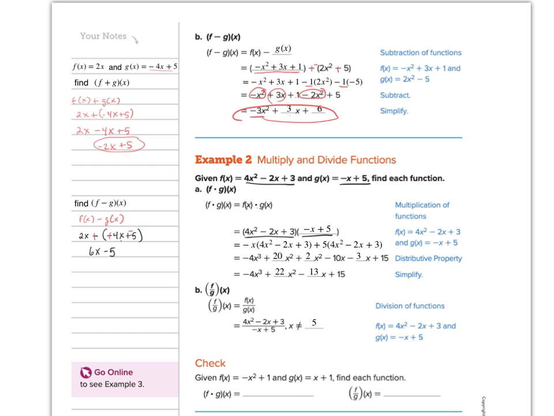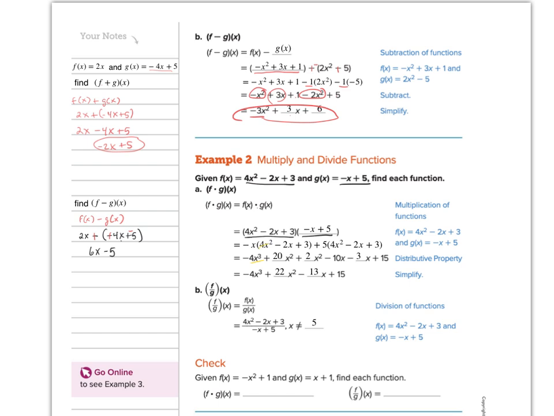So they multiplied negative x times all of this, then they multiplied positive 5 times all of this, and now when they do the distributive property, they had negative x to the third, negative x times negative 2x is going to be 2x squared. So let's see, which ones have I accounted for?